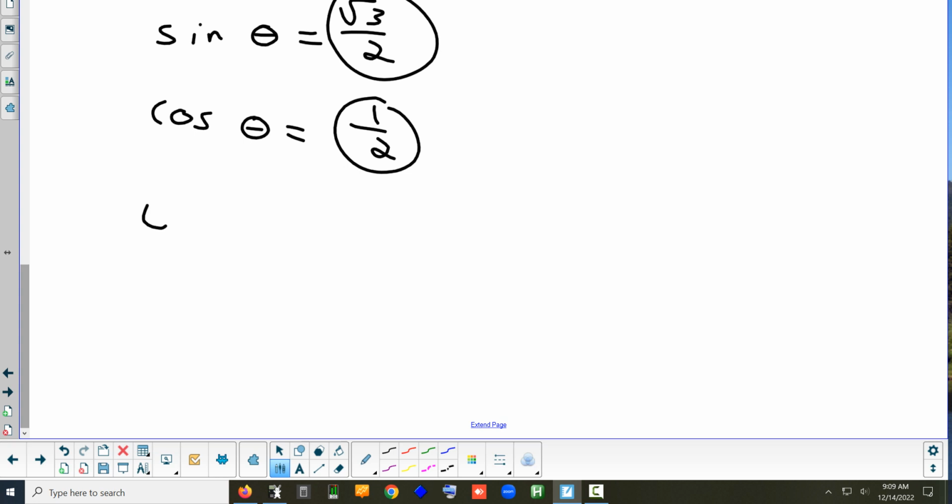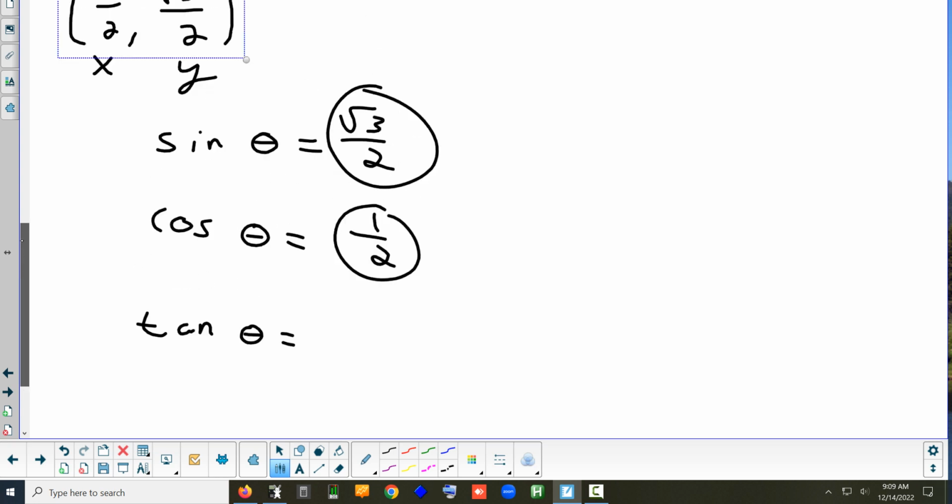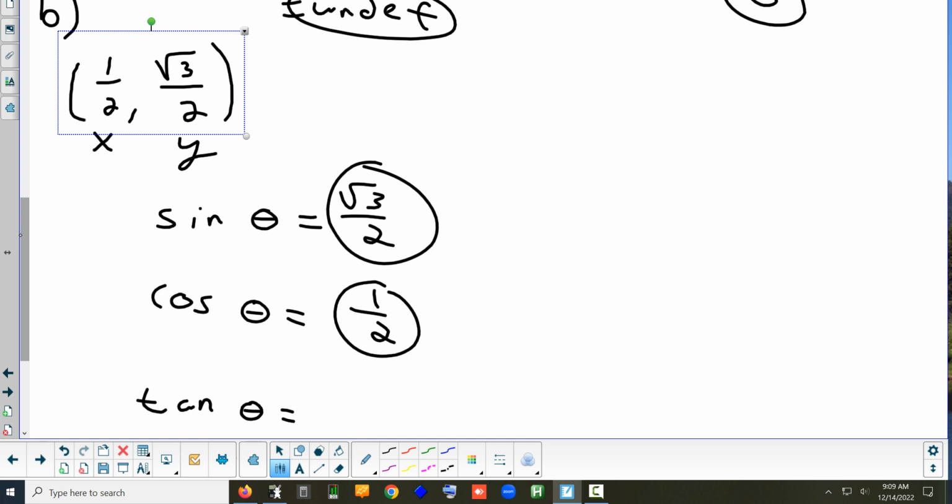And Maddie, how do I get my tangent? We're going to do y over x. Well, we already have y over x written right here. So what I do visually is just imagine doing this. If you divide those two, that's the tangent. This is the y, this is the x, and we're going to divide them.